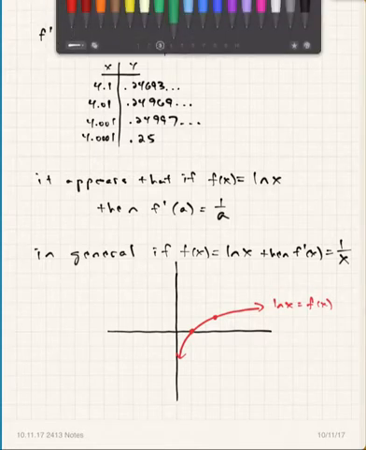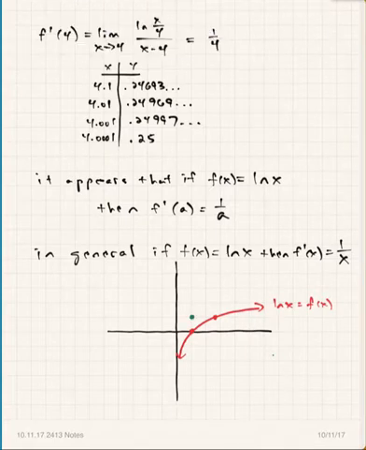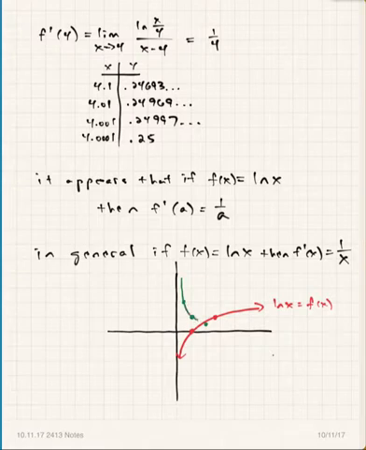So the function 1 over x goes through 1, 1, goes through 2, 1/2. Not exactly like that, but you're getting values like this. At 1/2 it's 2, and so on. And this graph appears to be f prime of x, which is equal to 1 over x.